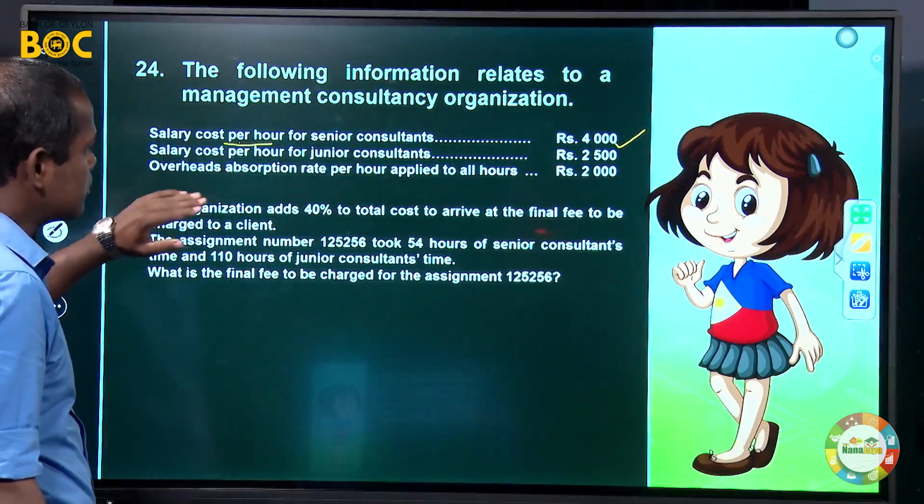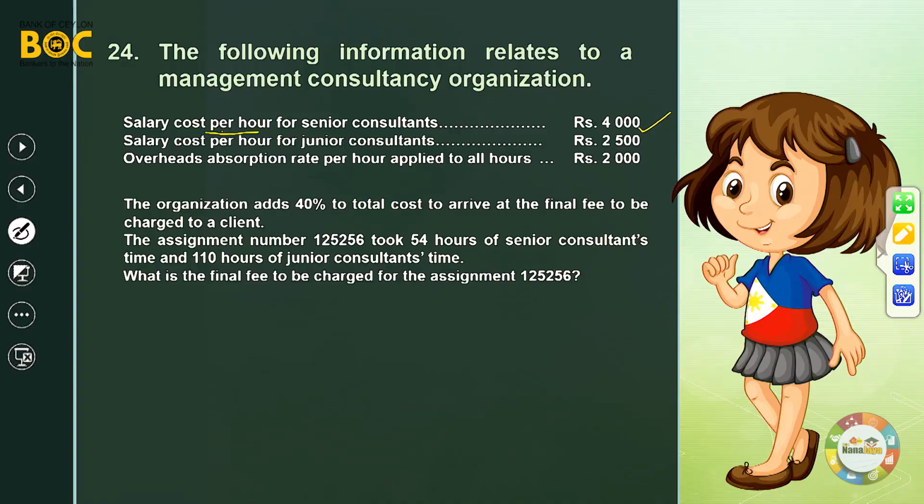The salary cost per hour for a junior consultant is 2,500 per hour. Overhead absorption rate per hour to all is 2,000 rupees.